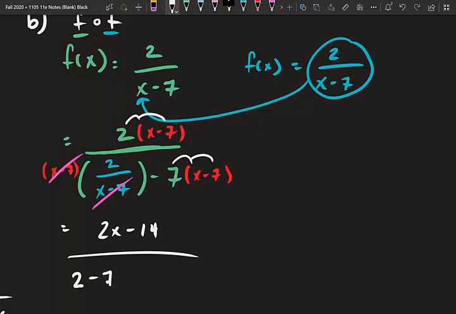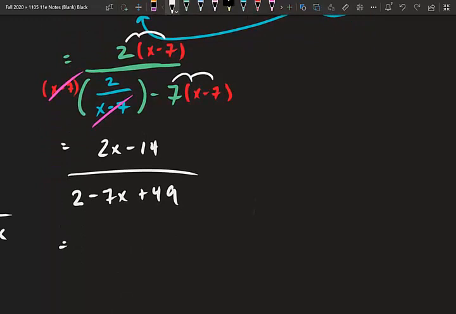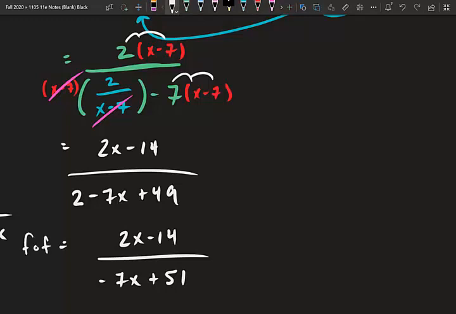So that's negative 7x plus 49. Let's combine like terms. So we have 2x minus 14 over negative 7x plus 52. You could also have 52 minus 7x. It's all the same thing. Sorry, 51. 51, not 52, it's 51. So that is f composed with f.